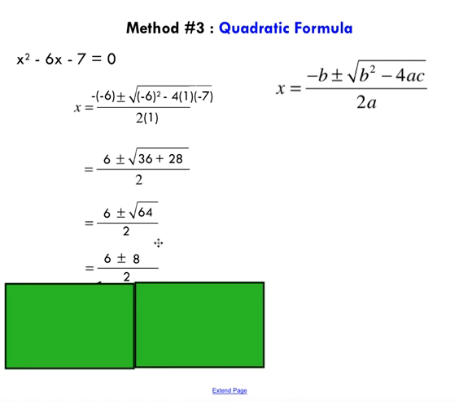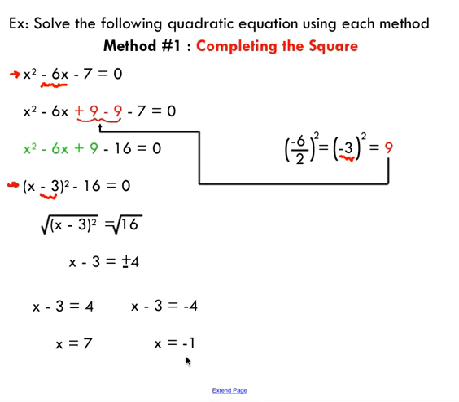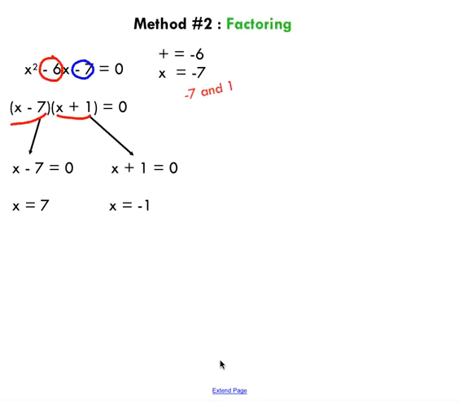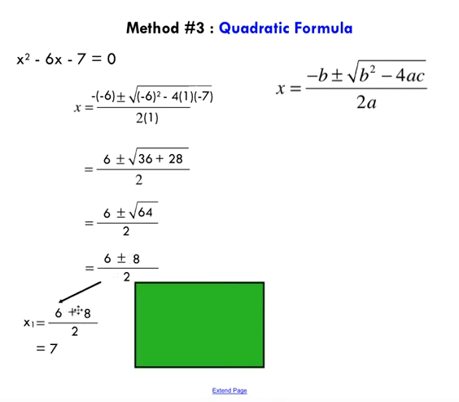And at this point, we're going to end up with a situation where we've got two answers, which makes sense because we have two answers for our x-intercepts in our other two methods. So that's a good thing. All right, so the first thing we'll do is we'll split this thing off into the positive situation, so where I'm adding 8 to 6.